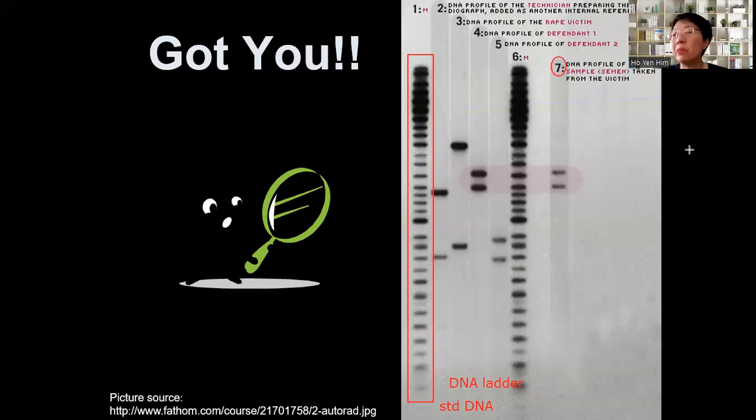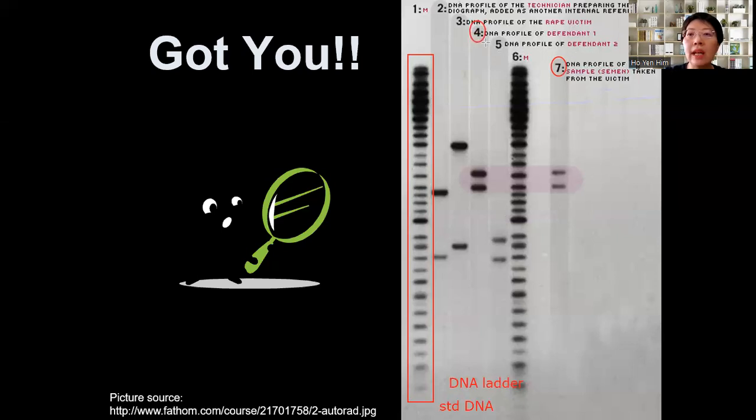This is a sample from semen, and semen has 2 main types of cells: the sperm cells and the epithelial cells of the urethra. The cells contain a nucleus with the DNA, so we can run gel electrophoresis and get the banding pattern.